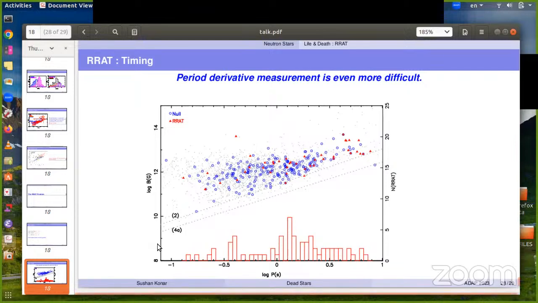All these objects should have magnetic field above the corresponding value. So we have got a lower limit for the magnetic field, right? The magnetic field has to be above it.